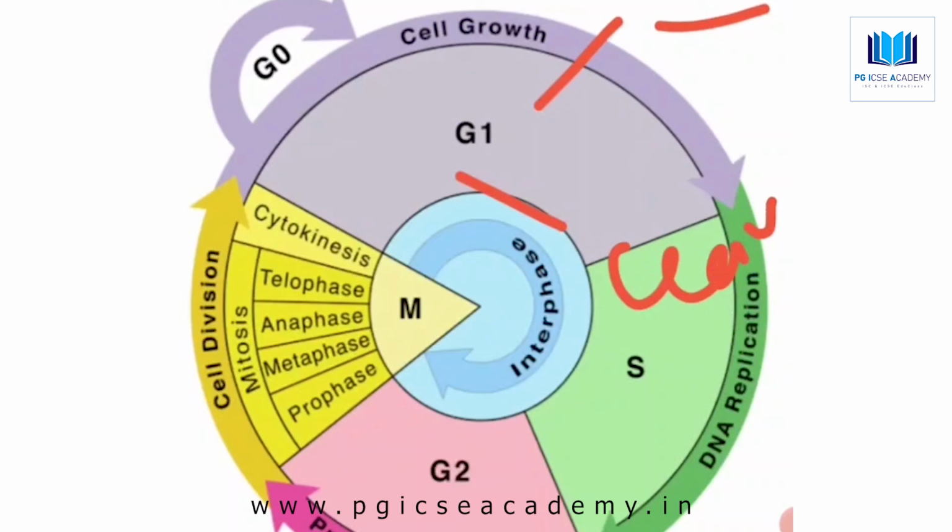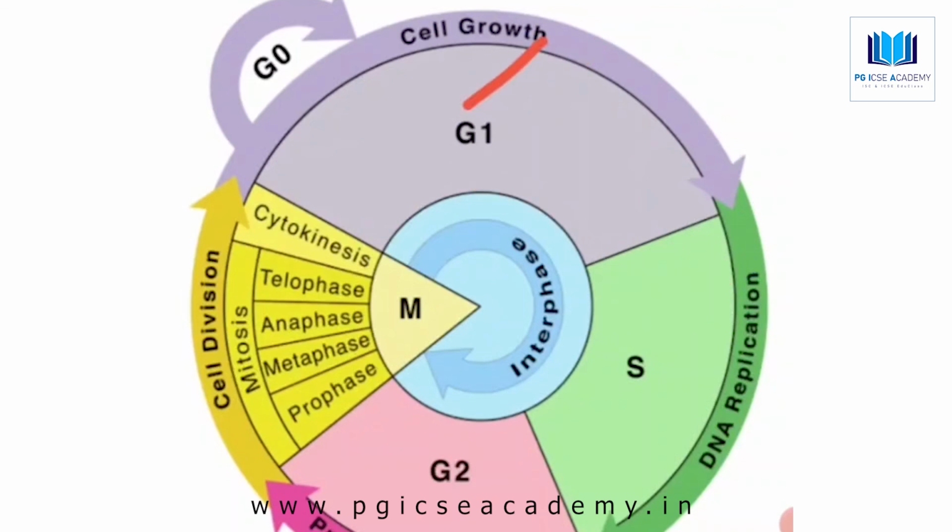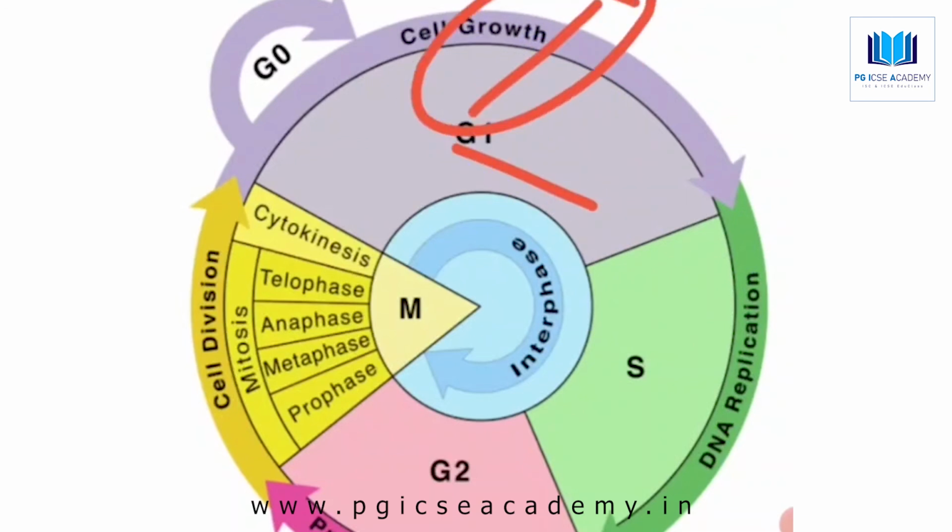If they want to continue, they must go through the synthesis phase, and if they want to leave the cell cycle, they go to different phases and do their own work. So in late G1 phase, two options are given to the cells.